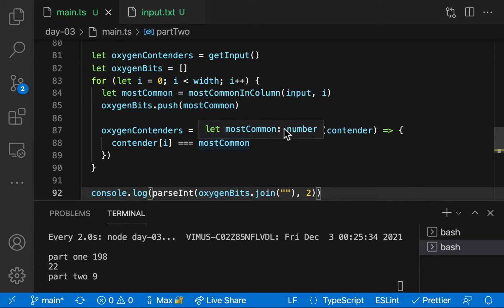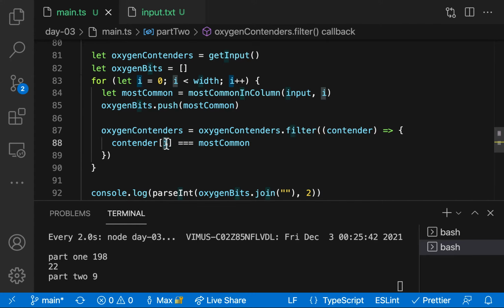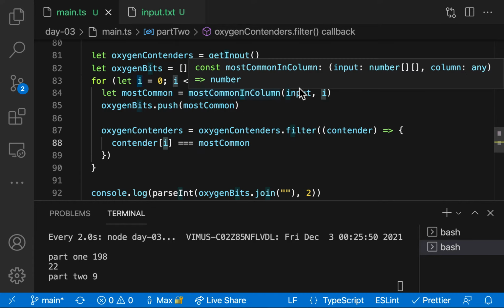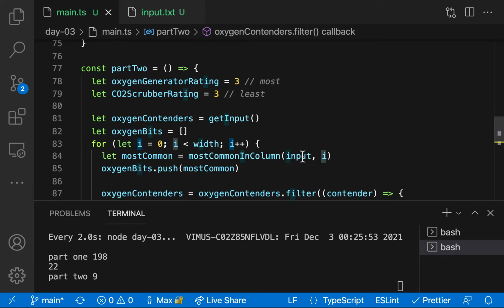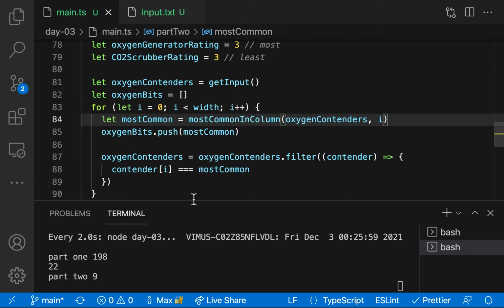So here we then reassign that and we filter it to be ones where the contender in that I column is the most common value. Oh, I see. Actually, here we don't want to pass input. We want to pass oxygen contenders. I wonder if that'll give me 23.